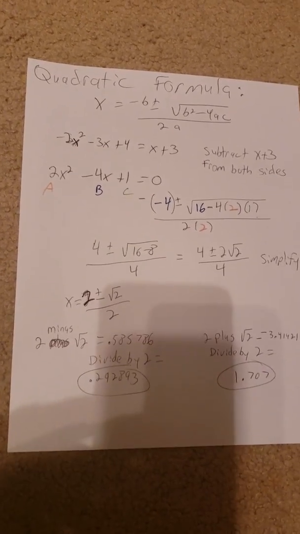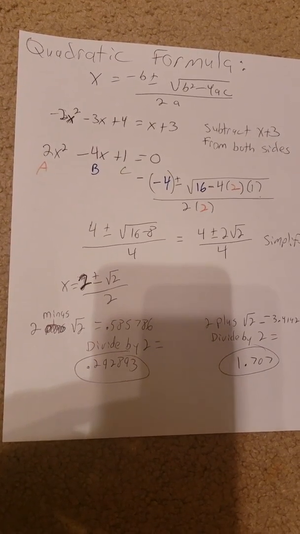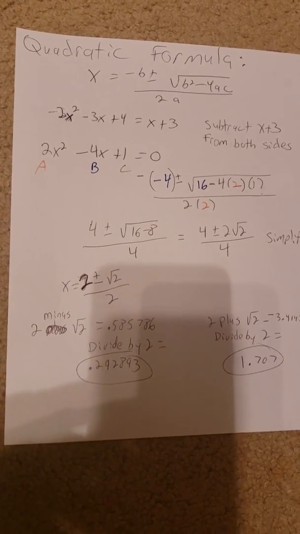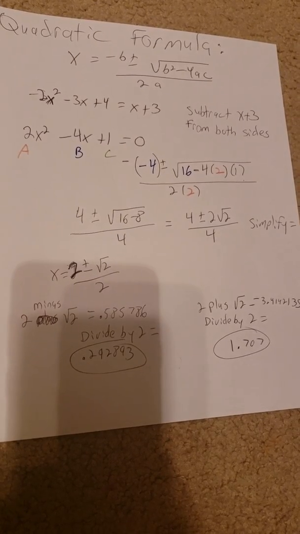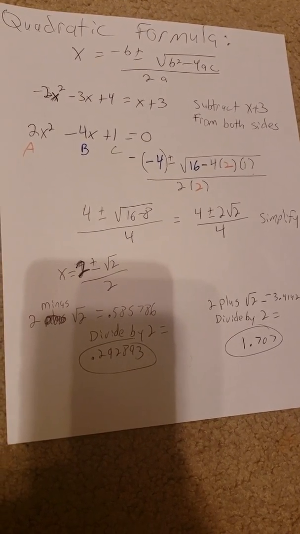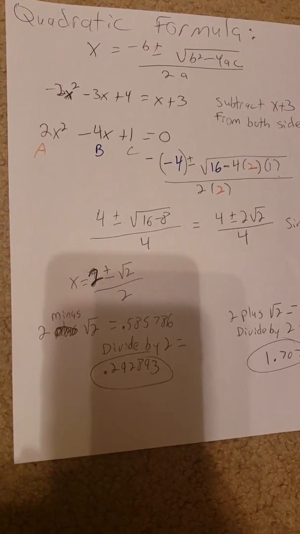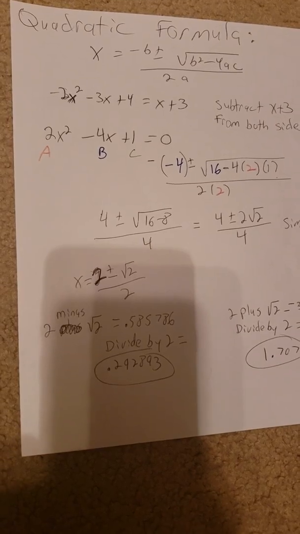Our equation is negative 2x squared minus 3x plus 4 equals x plus 3. You're going to subtract x plus 3 from both sides, and that is going to give you 2x squared minus 4x plus 1 equals 0.